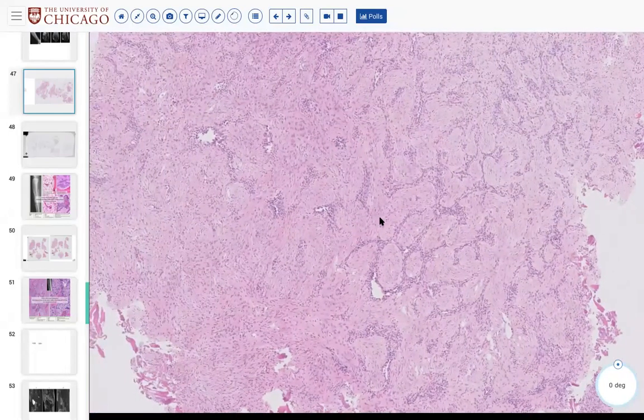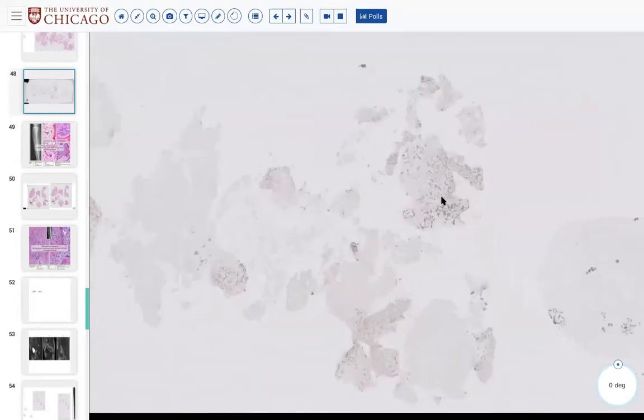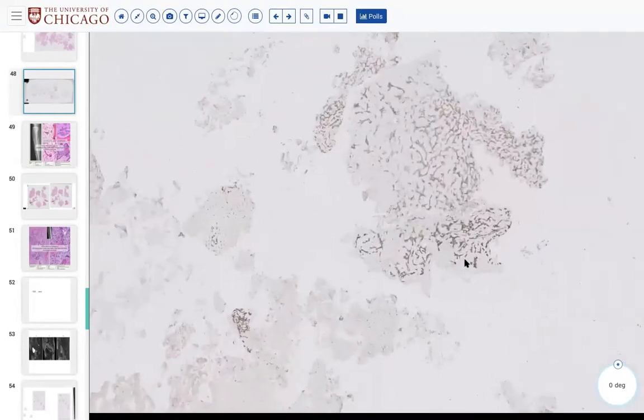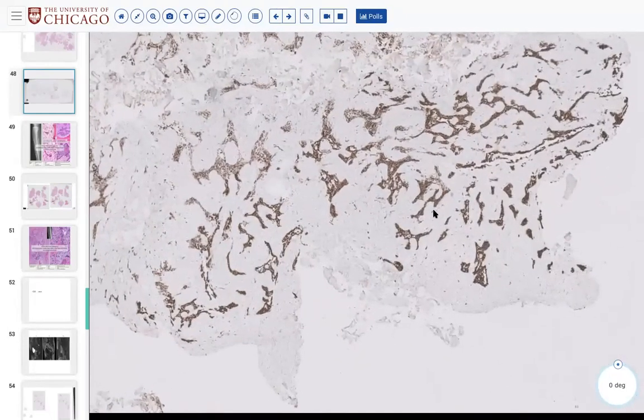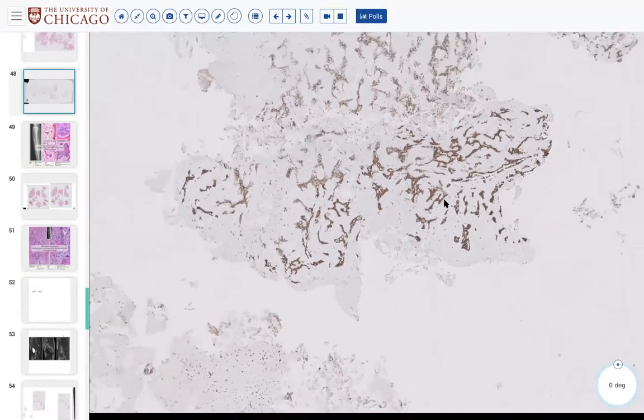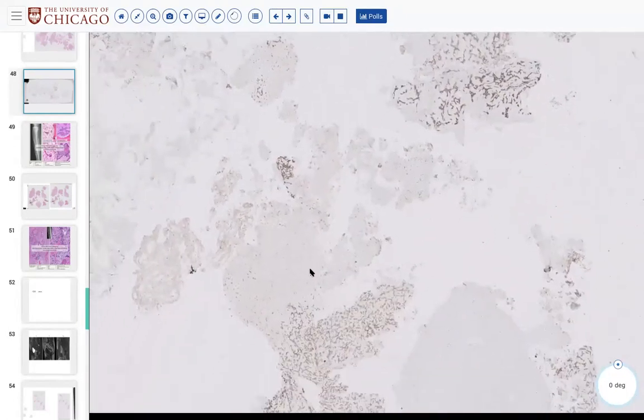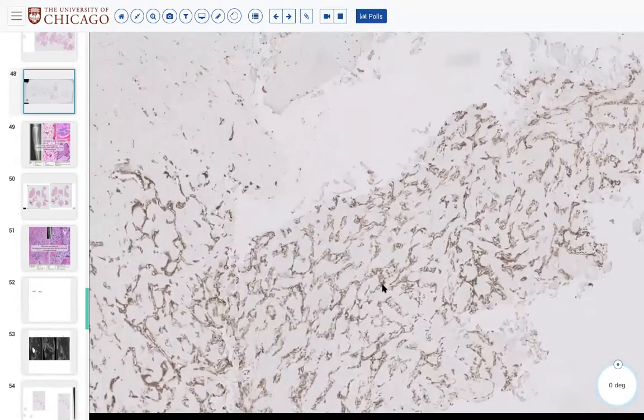So if you think they're epithelial, what do you want to see? Cytokeratin, maybe we should do cytokeratin. Yeah. So here's a keratin highlighting these compressed epithelioid islands. And it now becomes quite obvious how many of them there are.